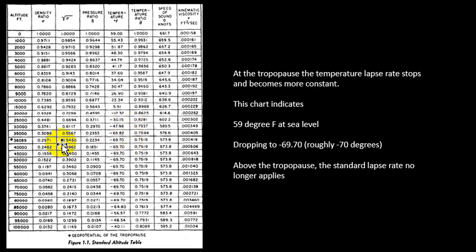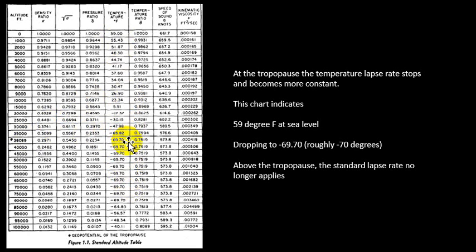And then at the tropopause, where the star is, look what happens. We get negative 69.7 at 40,000 feet, it stays there, still there at 50,000 feet, 60,000 feet stays there, the temperature remains constant. So at the tropopause, tropo, change, pause, the temperature change stops.